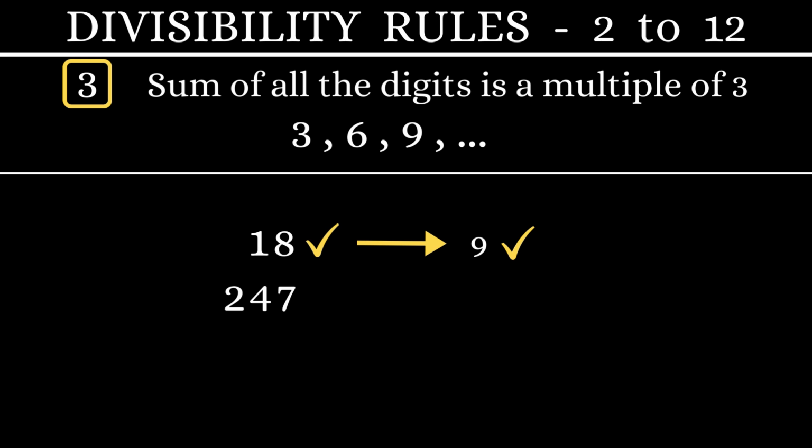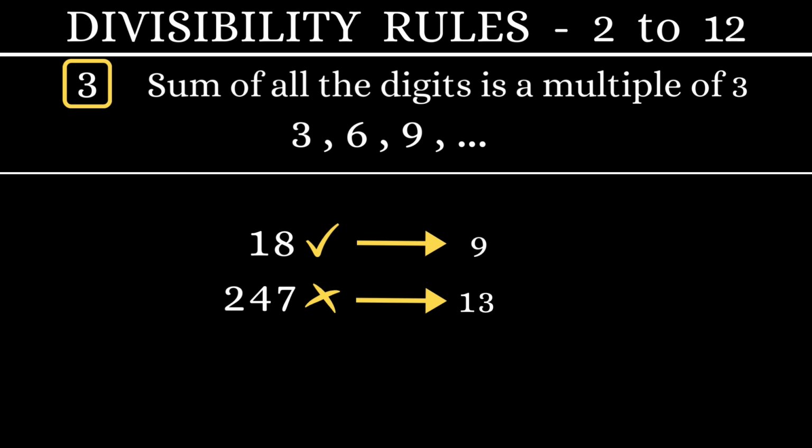Next, 247. Let's add up the digits. 2 plus 4 plus 7 is 13, which is not a multiple of 3. So, the number 247 is not divisible by 3.